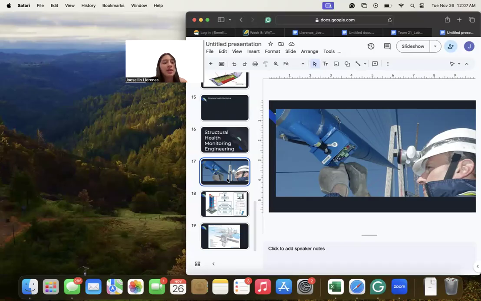The reason these engineers are so important is because over time, materials age, and certain environmental factors and loads may change, which will cause a structure to need fixes.